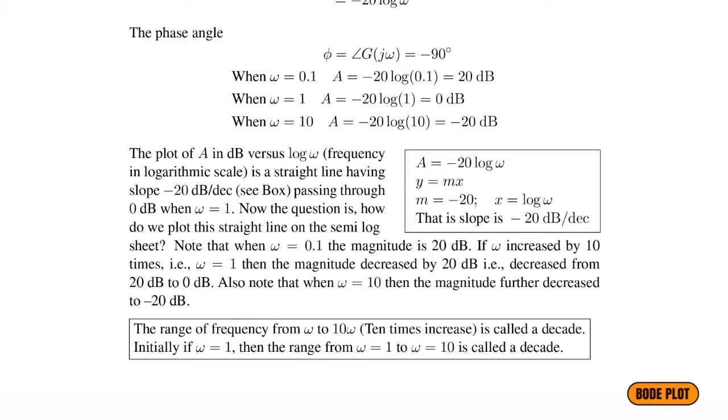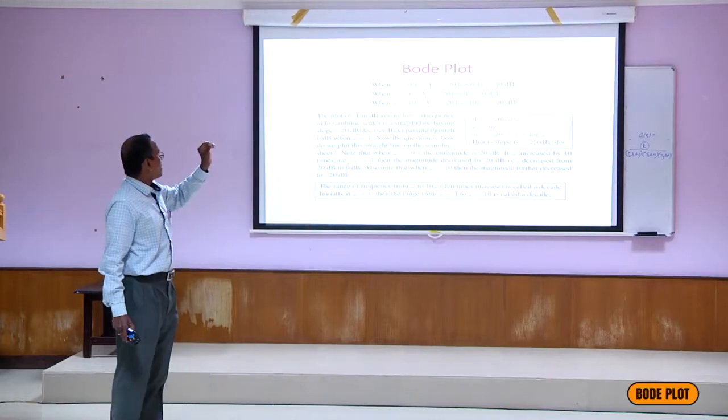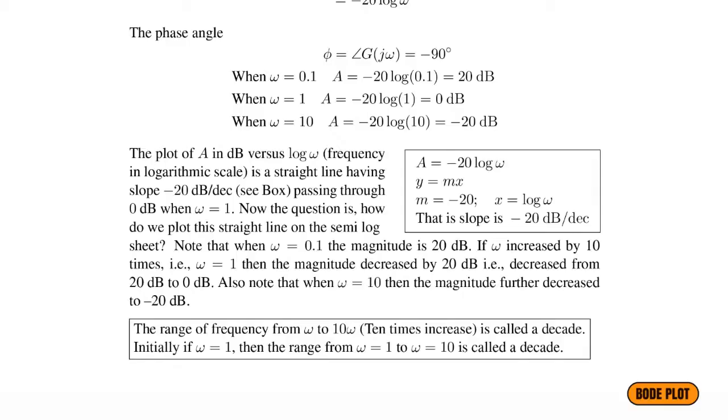When omega equals 0.1, it is plus 20, because 0.1 is 10 power minus 1. So when omega equals 0.1, 20 dB. When omega equals 1, 0 dB. When omega equals 10, minus 20 dB.